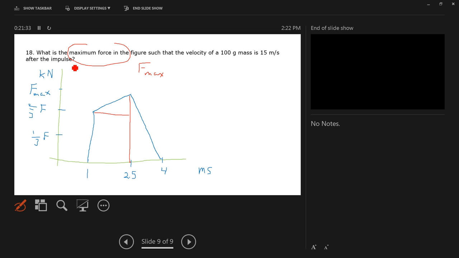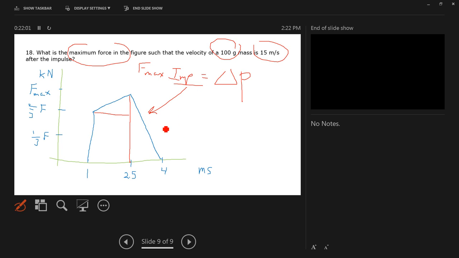And then we already know from the wording here that we have a mass and a velocity. So we can do our delta P. So we're going to know what the right hand side of the equation is, and the impulse on this side will just be the area.